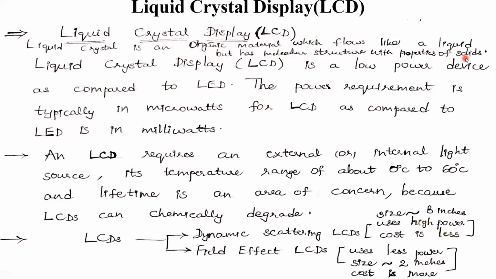Whatever properties are there in solids, those properties are there with respect to this organic material. Though it seems like a liquid structure, it consists of properties of solids here.